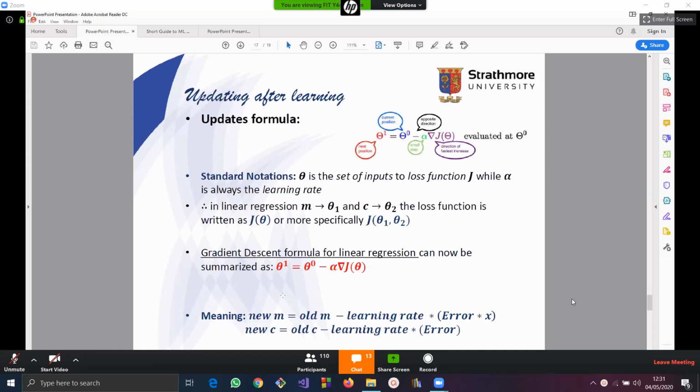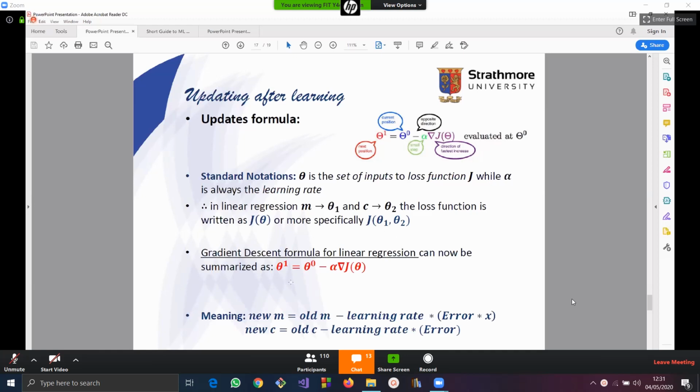So that I move closer and closer to the best M and C, in this case theta 1 and theta 2, where the error is smaller.